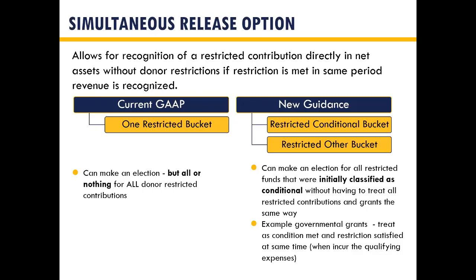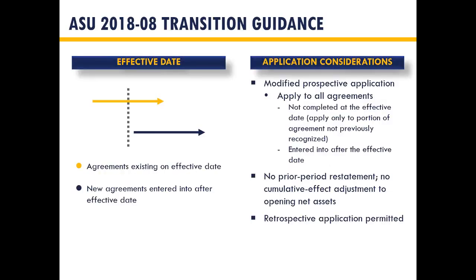So you can make an election to treat all of your revenues that were initially classified as conditional as being shown in your net assets or revenues without donor restrictions column or category. So that's nice that you can make it for just that one category and not all of your restricted revenues, if you choose.